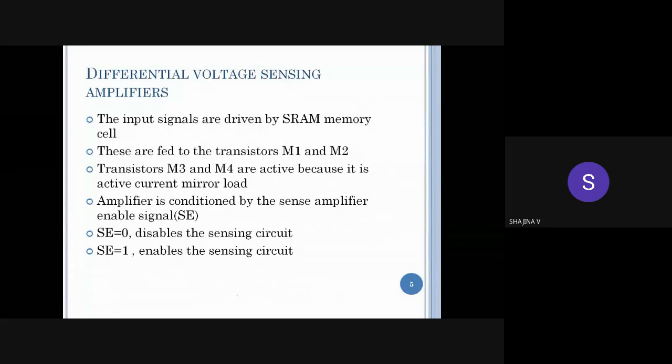And the amplifier is controlled by the sense amplifier enable signal. That is, if SE equals 0, it will disable the sensing circuit, because an open path will form there. If SE equals 1, it enables the sensing circuit. This is the circuit part.